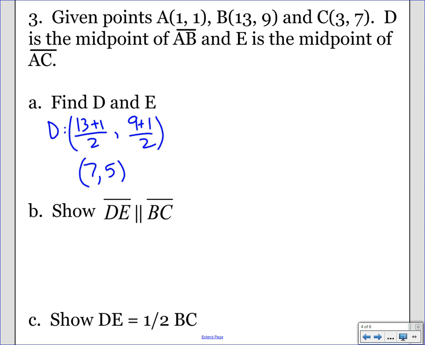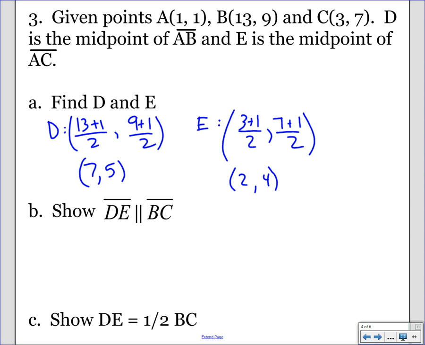So that's D. E is the midpoint of AC. So that's 3 plus 1 over 2. And 7 plus 1 over 2. So that's 2, 4. So we have our 2 midpoints.